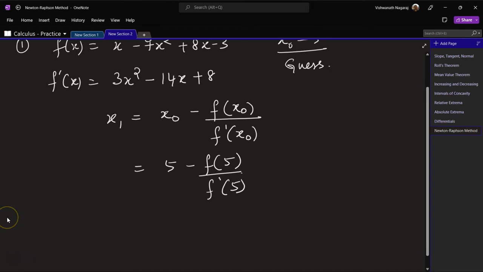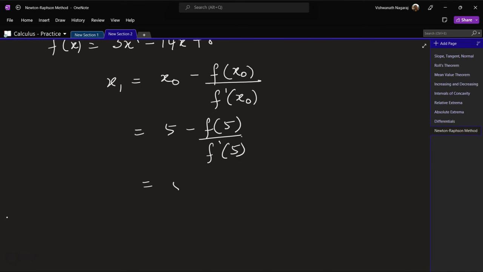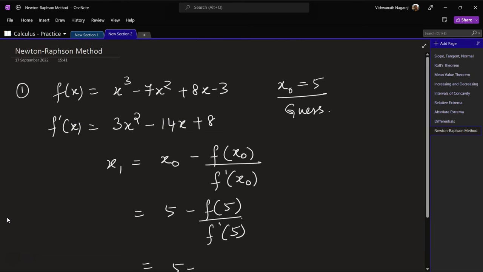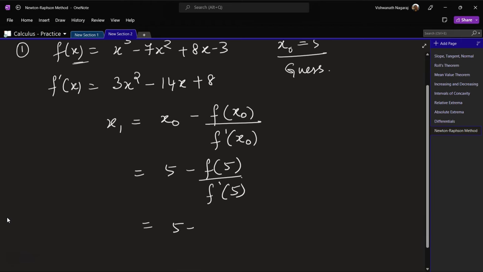Okay, so this becomes 5 minus f of 5. So we substitute this 5 in f(x) and we evaluate. What we get is minus 13, divided by, now we substitute 5 in f prime of x, we get 13.